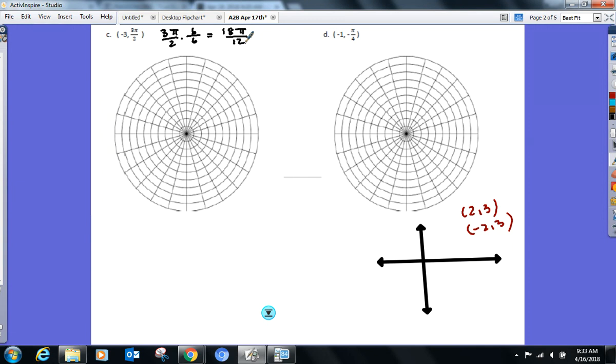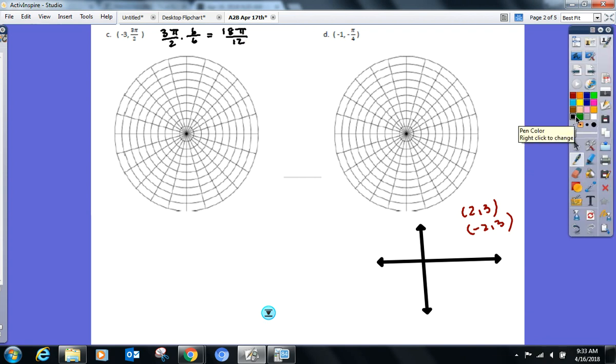Do not plot the point either, because it's not going to be where you think. And remember, it goes to 24 all the way around, so if you want to count backwards, it's up to you. Find out where 3 pi over 2 is.